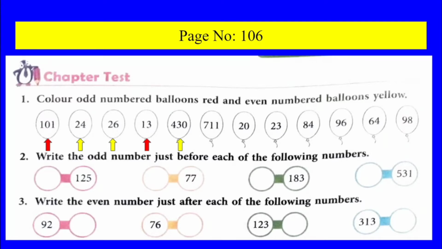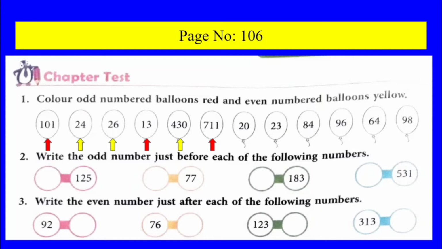The next number is 711. So 711 ends with the number 1. Therefore the number is an odd number, so we will color it red. Now the next number is 20. Here the number ends with 0.